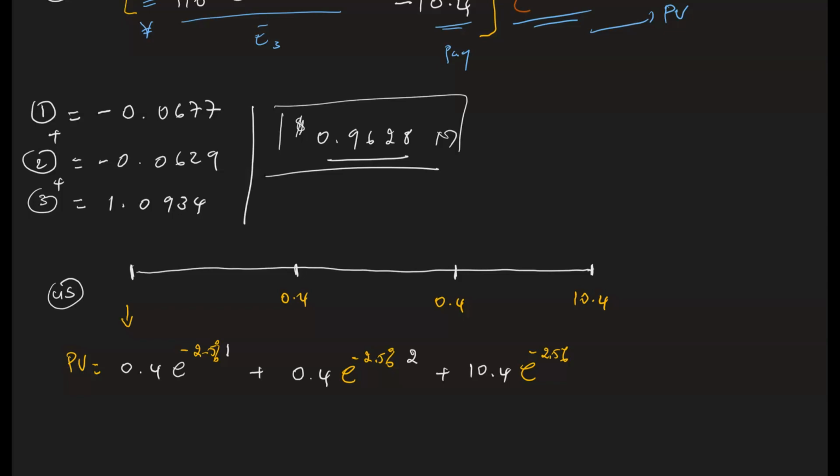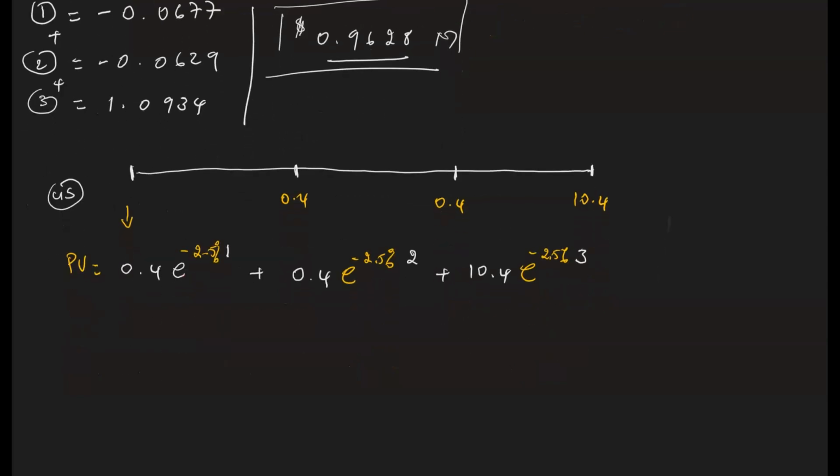In this case, it's going to be for 3 years. This is going to be the present value of the US bond, or the price of the US bond.